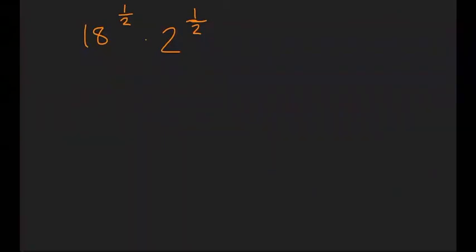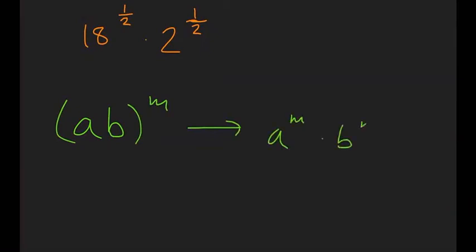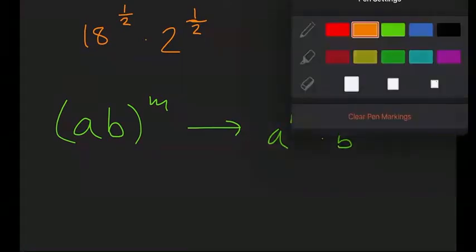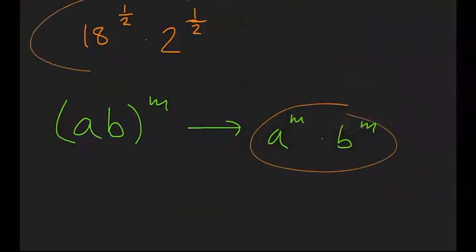And we're going to use what we were just talking about, where we said if you have a times b raised to the m power, that becomes a to the m times b to the m. So basically, this is just like what we have here: something raised to a power times something else raised to the same power.